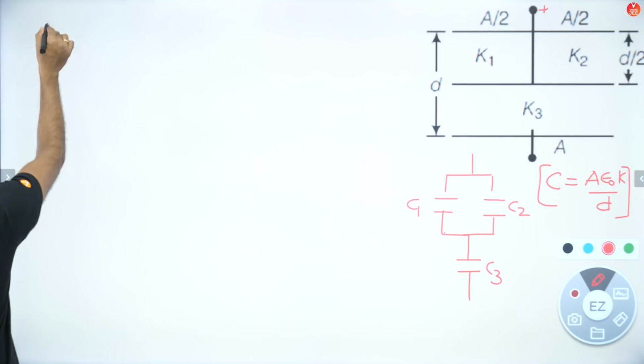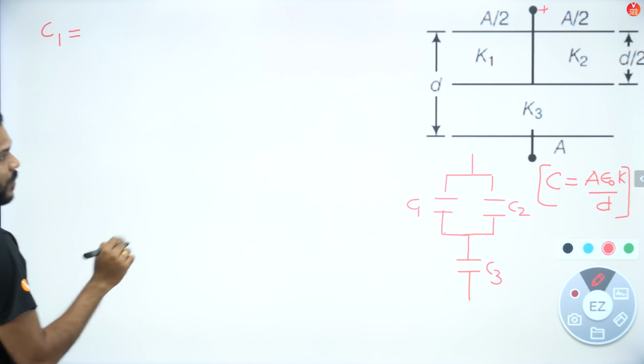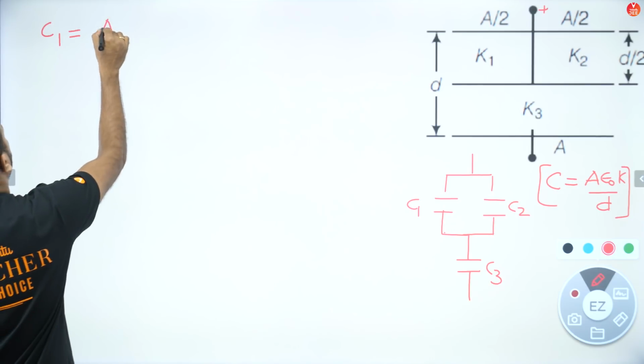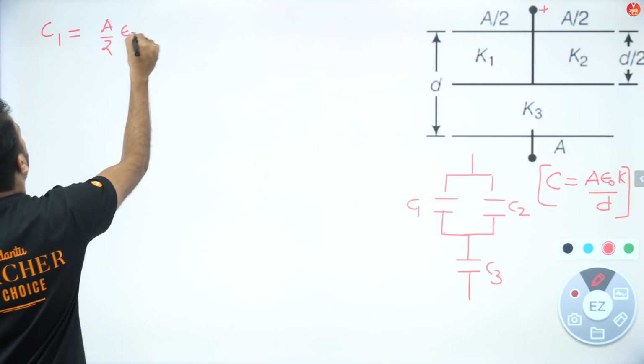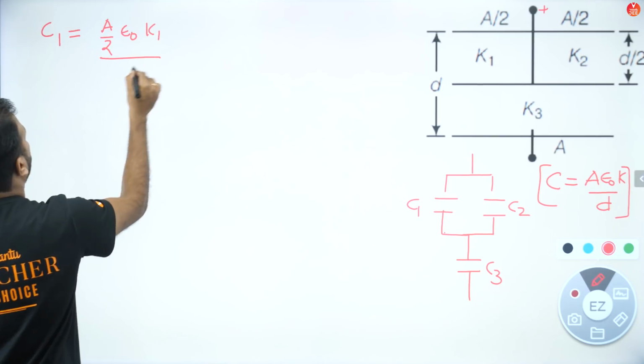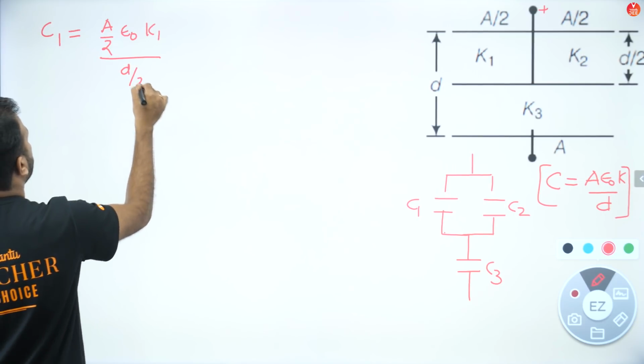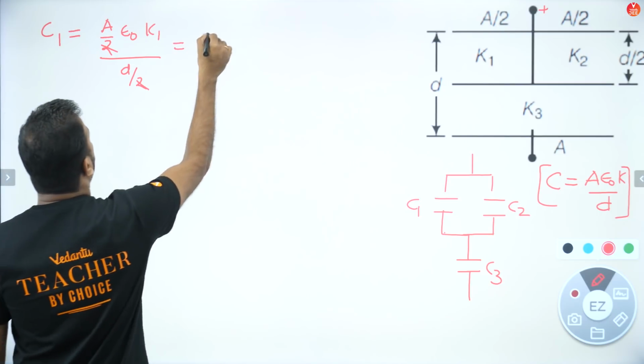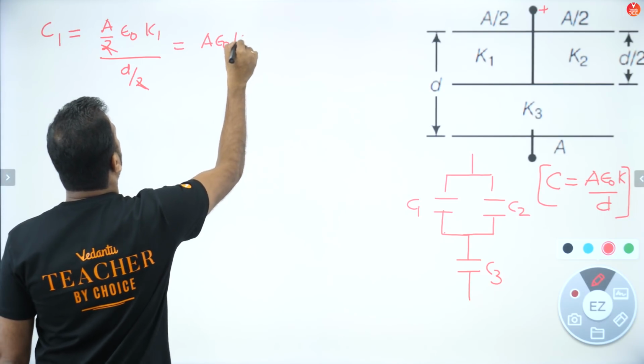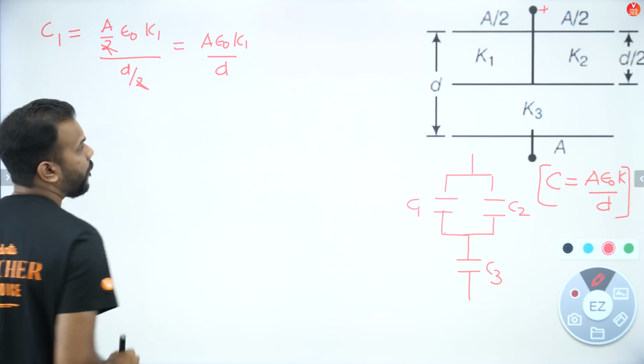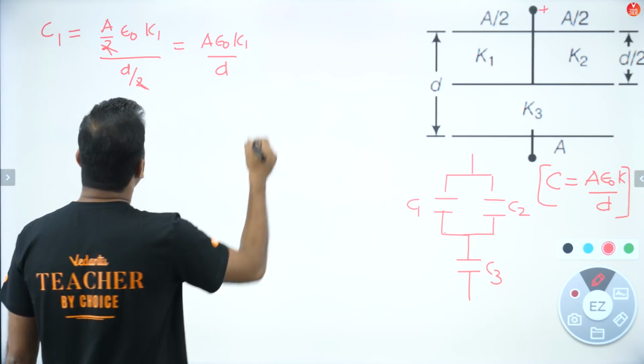So in this case, what will happen? C1, as you can see, the area is A by 2, so it will be A by 2 epsilon naught K1 divided by D by 2. So this 2 and 2 get cancelled, and what you get is A epsilon naught K1 by D. Can I say that a similar thing will happen for C2?